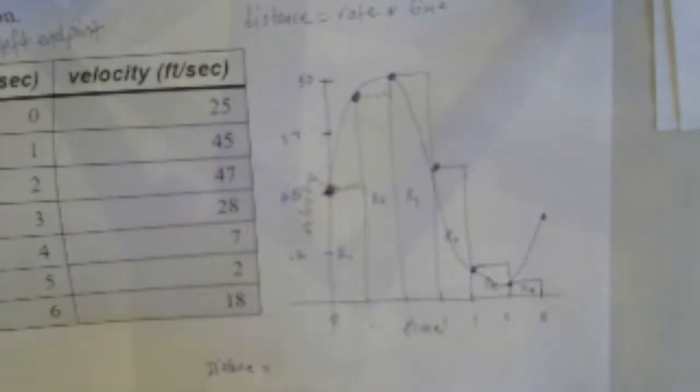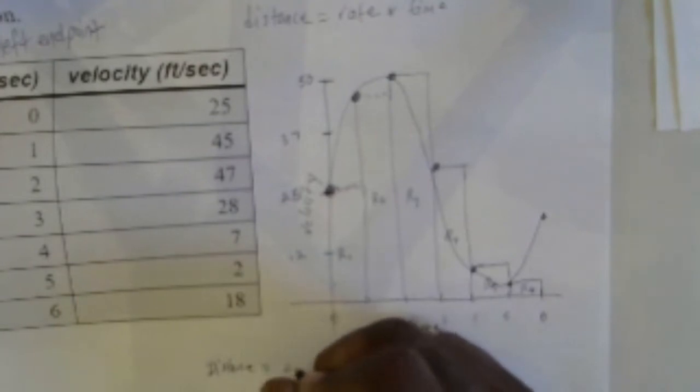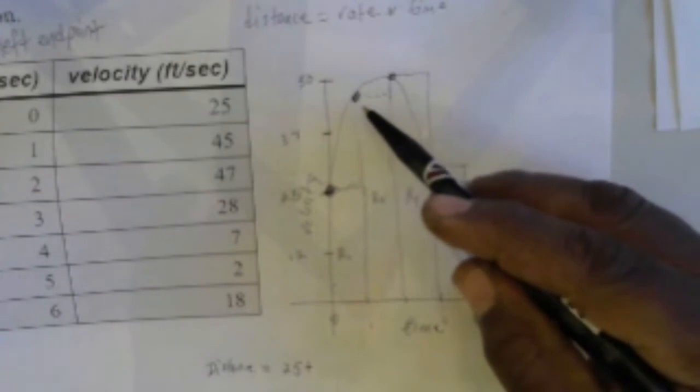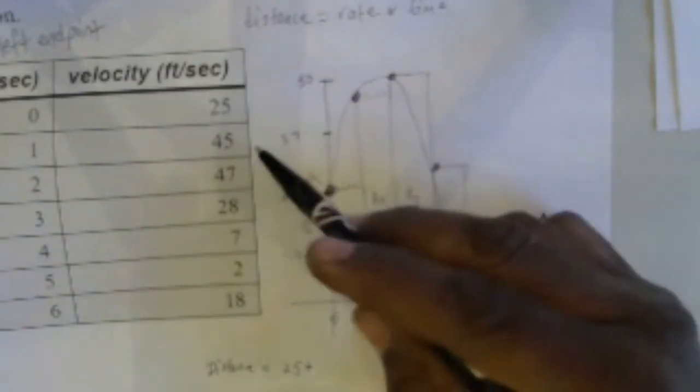I'm going to multiply for my first rectangle, my width, which is 1, times my height, which is 25. For my second rectangle, I'm going to multiply my time, which is 1, times my height or my speed, which is 45.